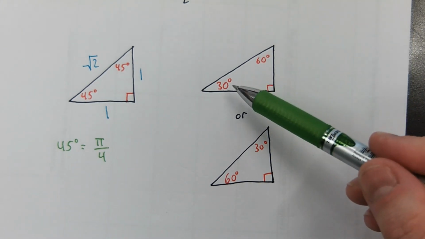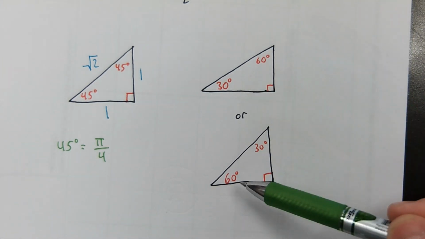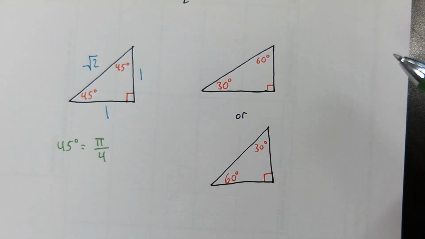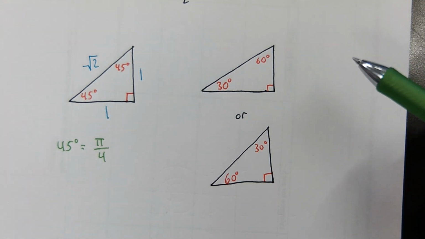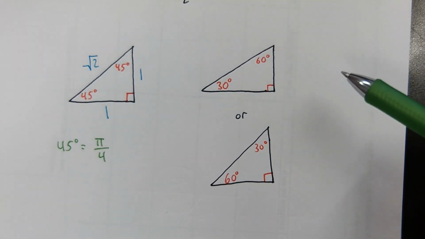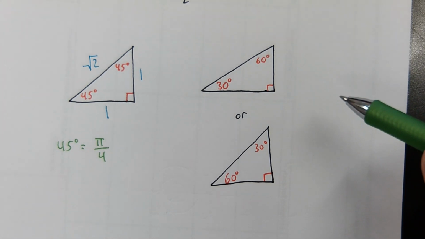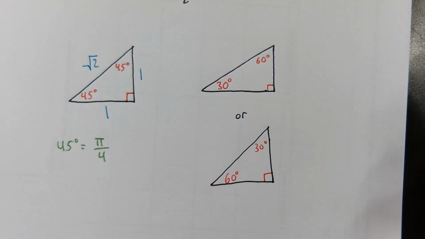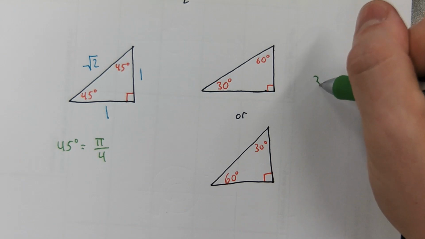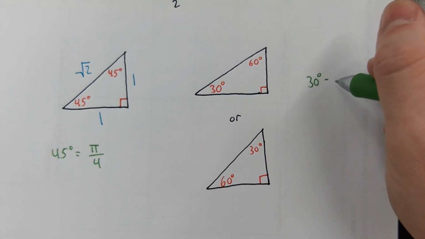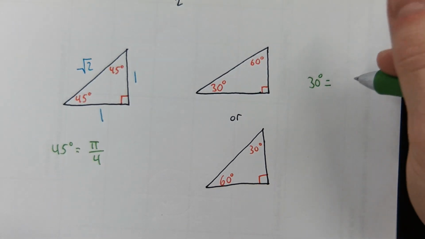Now over here, we have 30 and 60. As it turns out, 30 degrees and 60 degrees are also very nice subdivisions of 360 degrees. But again, radians, preferred values. Doing this kind of out of order, but 30 degrees is 1/6 of 180 degrees.